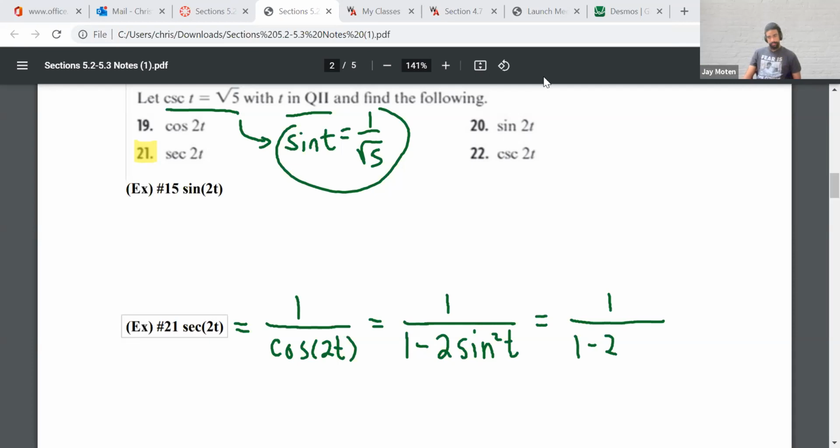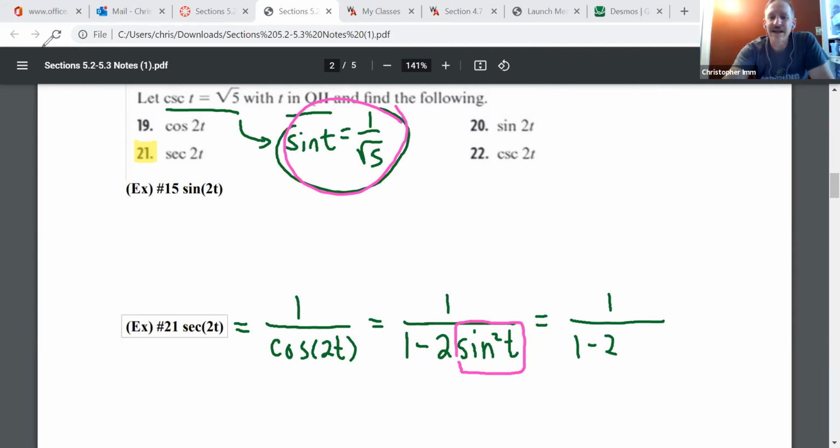Not quite. So what we're going to do is take this ratio here and plug in for the sine squared of t. But we have to remember what sine squared of t means, right? Sine squared of t means we plug in sine of t, and then we square it.